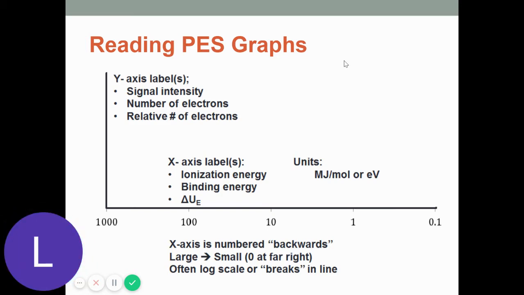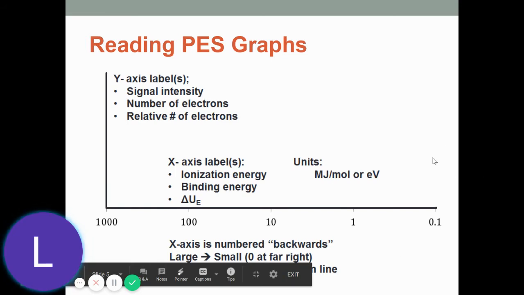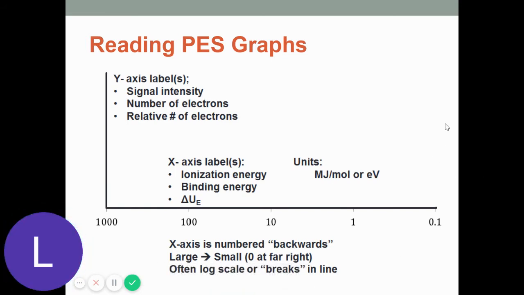Each peak you see will be for a subshell. And whether that subshell has 2 electrons in it or 6 electrons in it will change the height of that peak. And then our x-axis is going to be the energy it took to remove that electron. So basically our ionization energy.